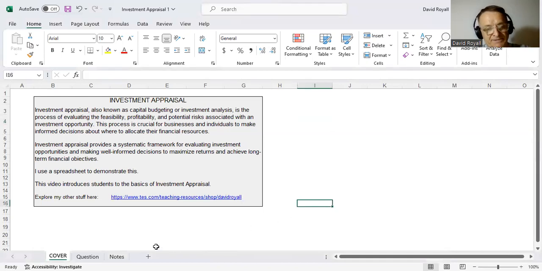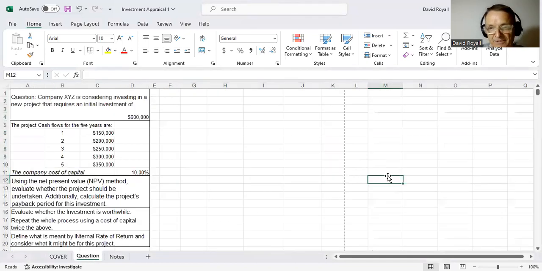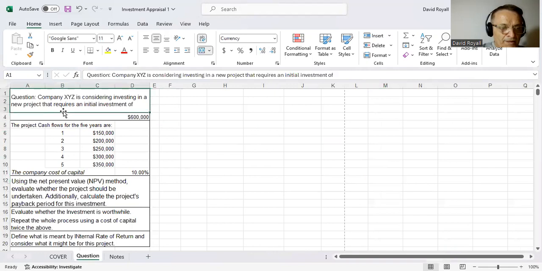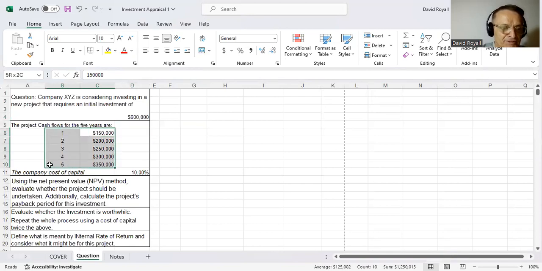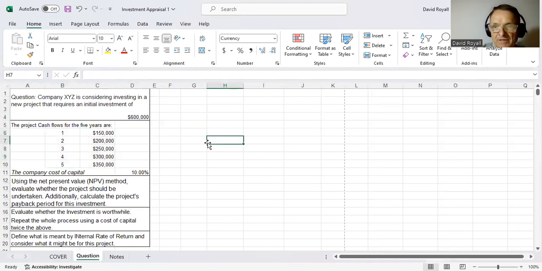What we're going to look at is a question where a company, a fictitious company, of course, has an investment proposal of putting in $600,000 in this case. And here are the future income flows.